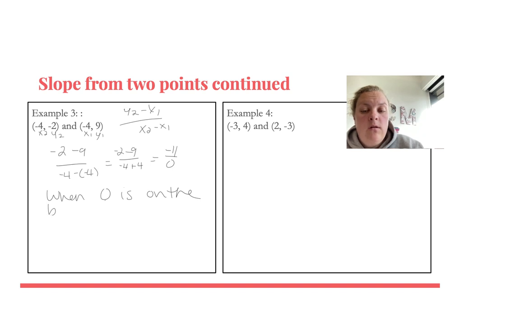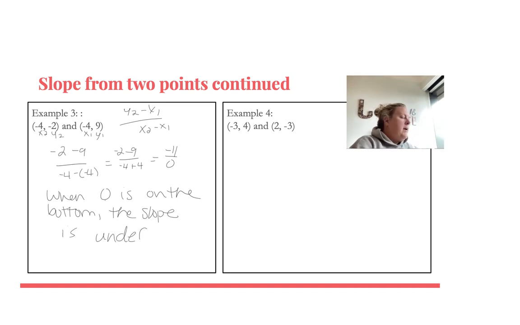So this is an undefined slope. And you would write either -11 over 0 or the word undefined. I'm going to underline it here for you. Okay, so those are the 2 options for you with that.